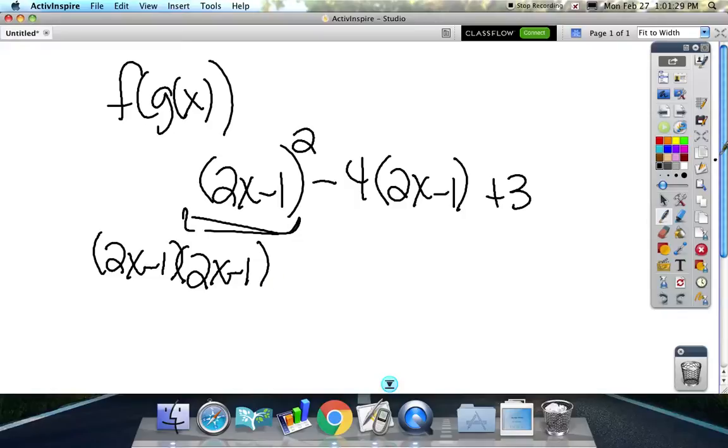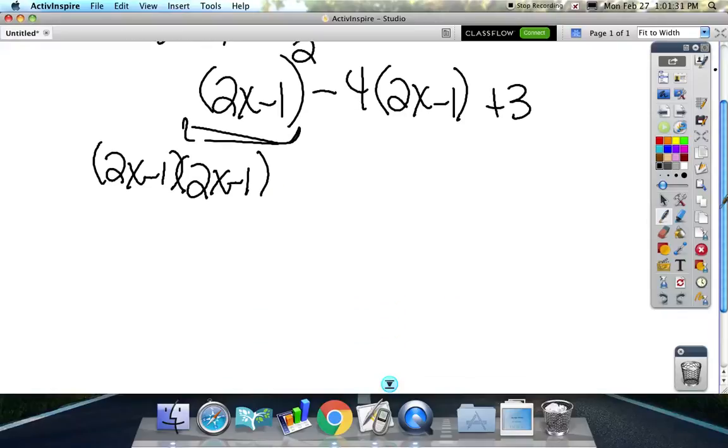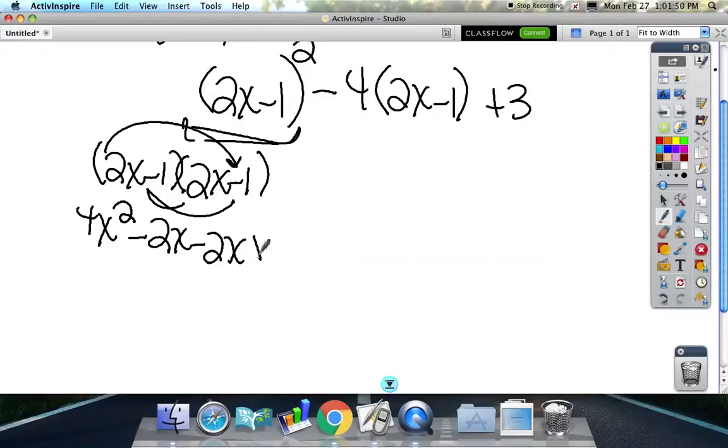So we've got to multiply it twice. So 4x squared, minus 2x, minus 2x plus 1. So that's 4x squared minus 4x plus 1.